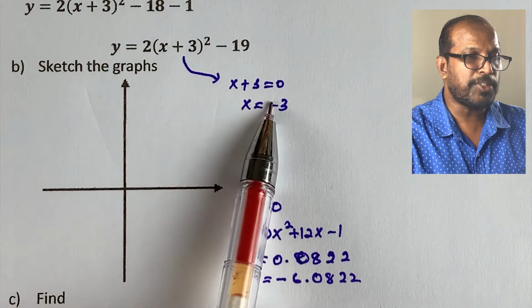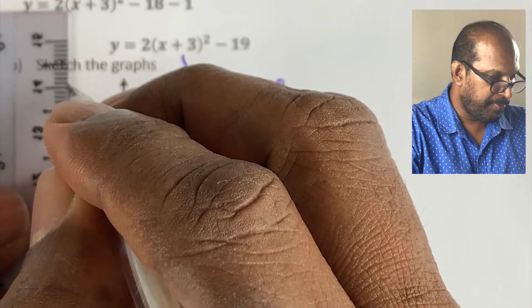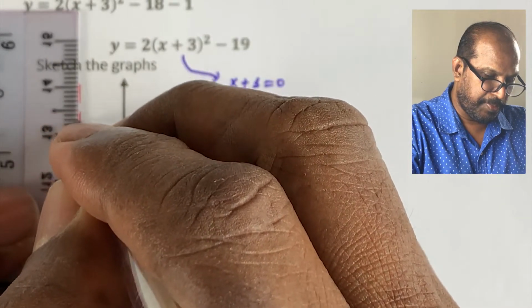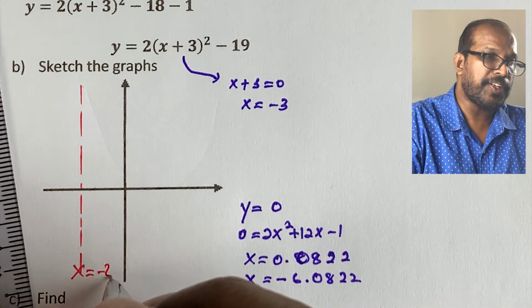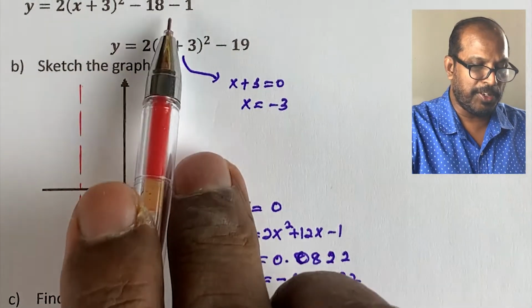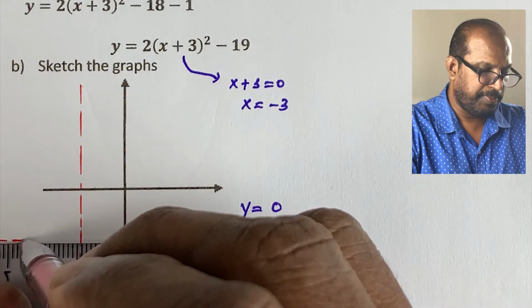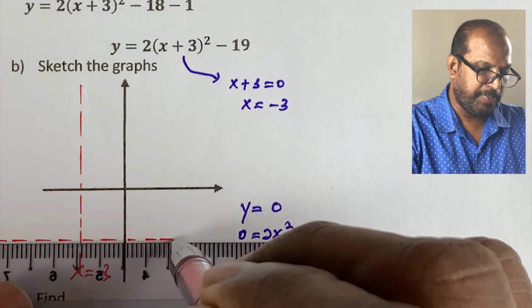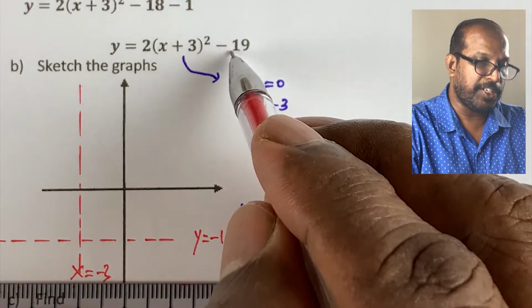So I got x plus 3 equals 0, so x equals negative 3. So this is x equals negative 3. Then we got the y value equals negative 19. So this is y equals negative 19.